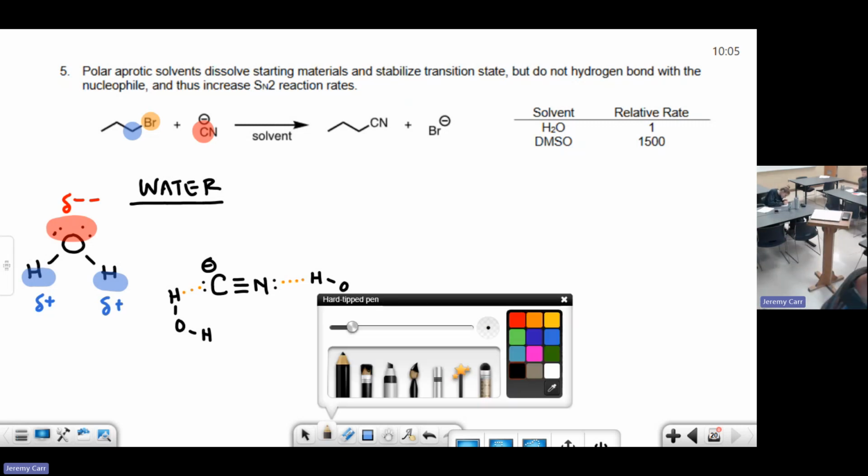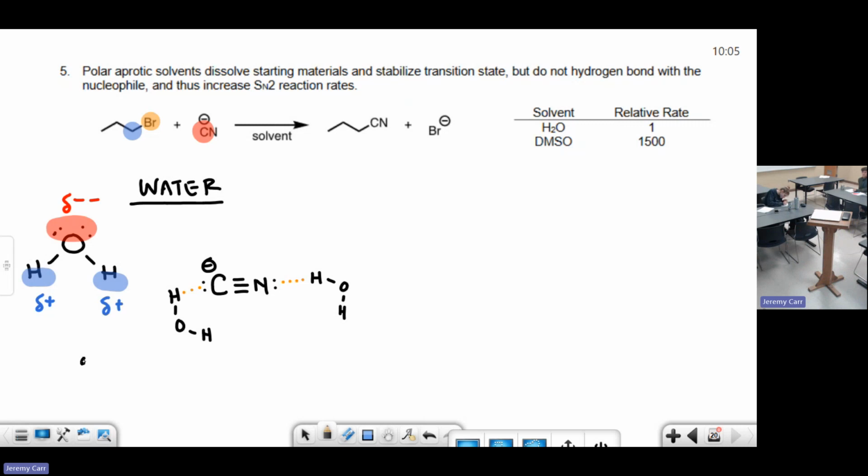So what happens when we start to form hydrogen bonding? When we start to form hydrogen bonds, hydrogen bonding surrounds the cyanide, surrounds the nucleophile, and prevents it from attacking.